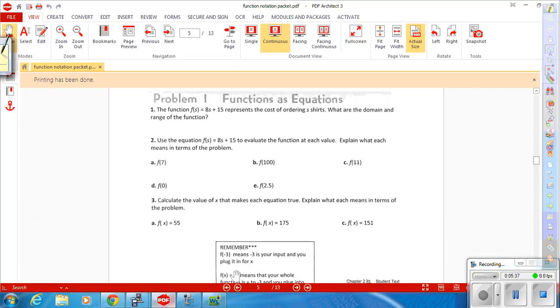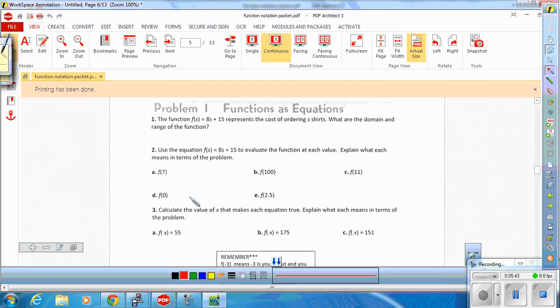If we look at some example problems, for example, if I have f of s is equal to 8s plus 15. So s is the input, so this is where I'm going to plug numbers in. And so then they can ask me all of these questions without having to rewrite the equation over and over again.